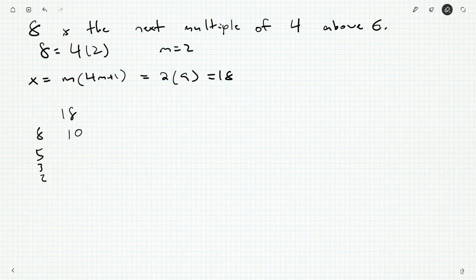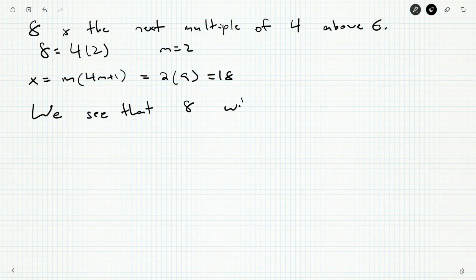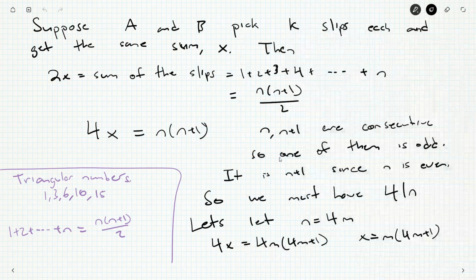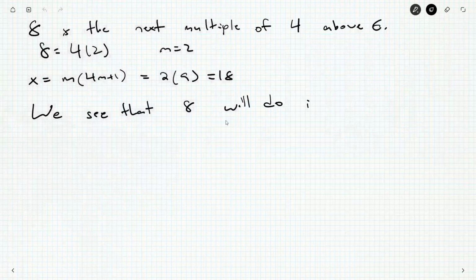Okay? There doesn't have to be a particular way you figure that out, but as long as I can now say, we see that 8 will do. By the way, now I guess we did use the assumption that n is even, but you could have 7 and 8, but then you wouldn't have them splitting in half.